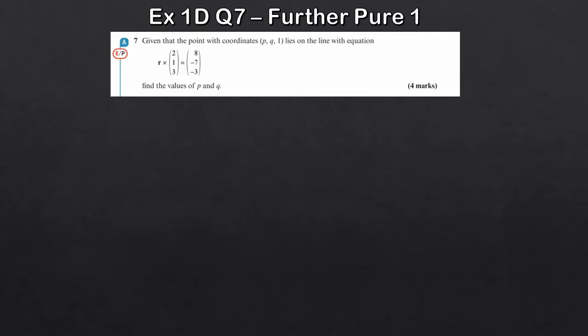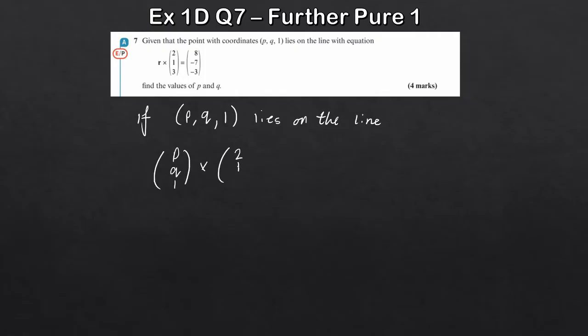So we're given that the point with coordinates P, Q, 1 lies on the line with this equation here. And then they give us this equation. And we're just asked to find the values of P and Q. Well, what we know is that if this coordinate lies on the line, so if P, Q, and 1 lies on the line, then what we can say is P, Q, 1 cross with 2, 1, 3 should be equal to this, right?